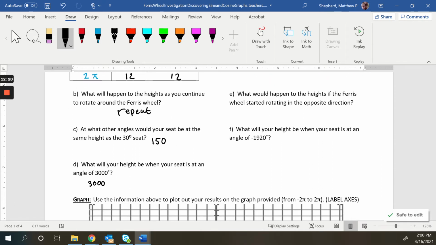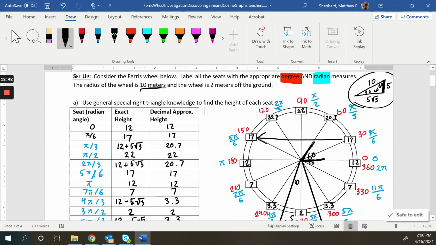So if we want to figure out how much the 3,000 was, what we can do is minus a 360, which is going to give us like 2,640. That's still too big. Minus another 360, and just keep on doing that till we finally reach some standard number that we could see on this.